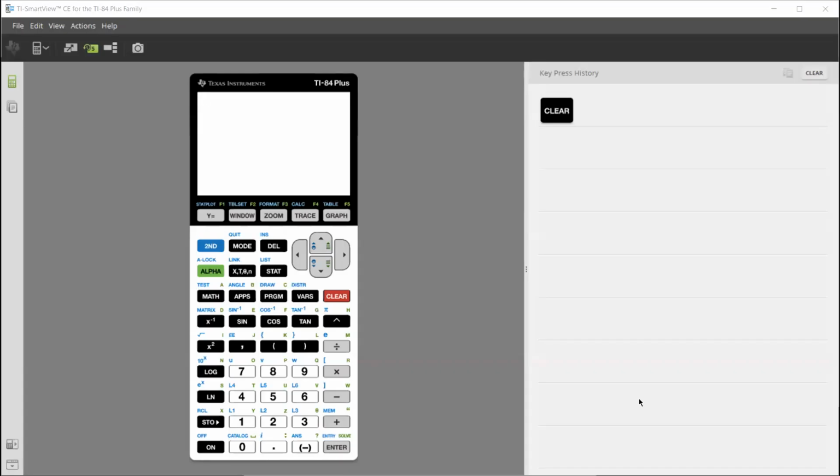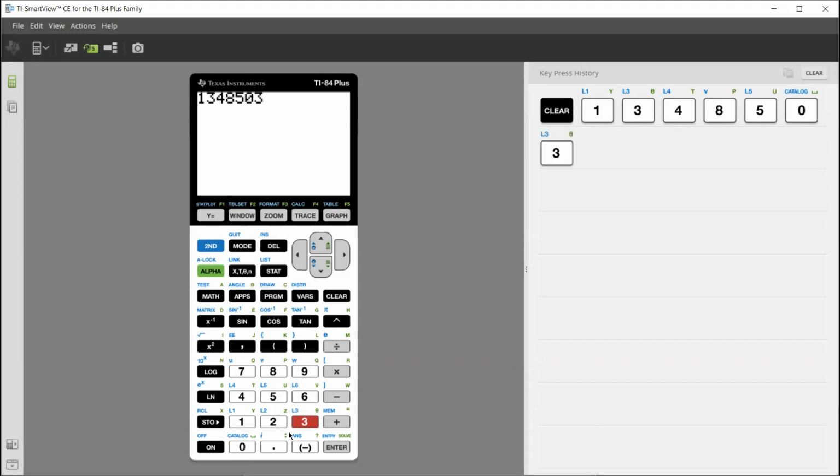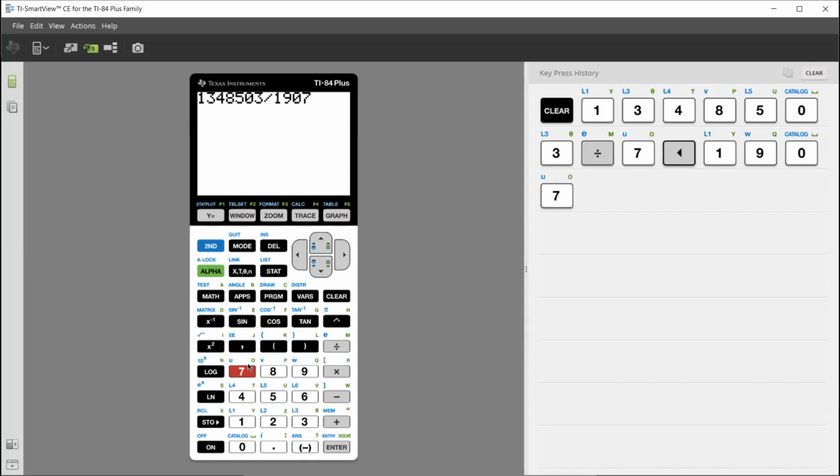What I can do here is, now that I've got those totals, I can say, all right, there's 1,348,503, and I can divide that by 1,907,172.